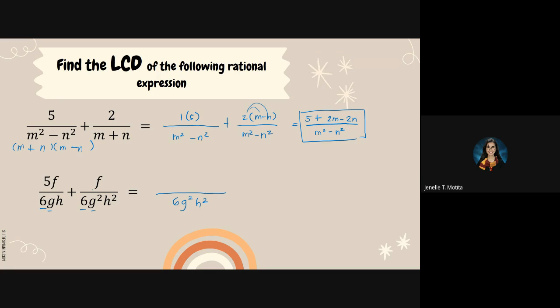Next, let's have another example. We got 5f over 6gh plus f over 6g squared h squared. And we got here your least common denominator. So what to do? We got 6g squared h squared divided by 6gh.